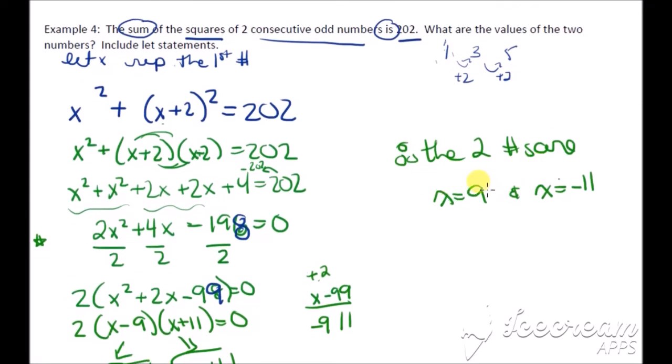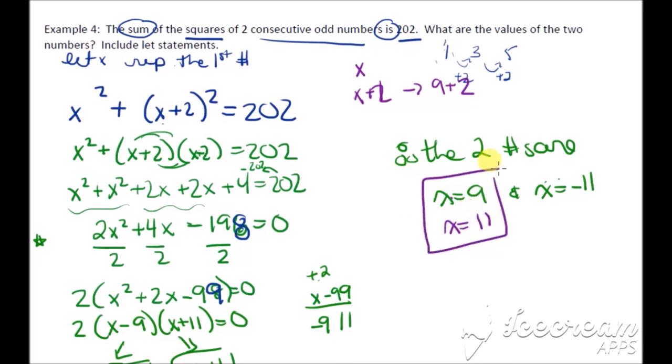So these aren't consecutive odd numbers. What we actually have to do is plug in x equals 9. So the first number is x and the second one is x plus 2. So if we subbed in here, 9 plus 2, we would get 11. So the two numbers are 9 and 11.